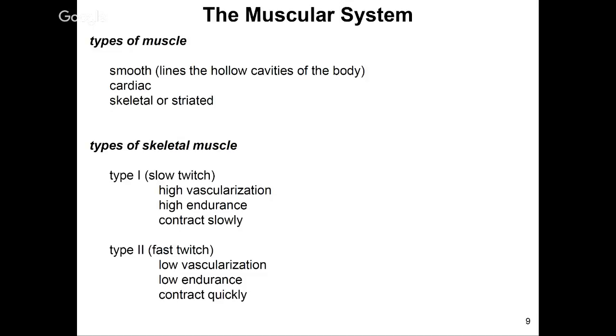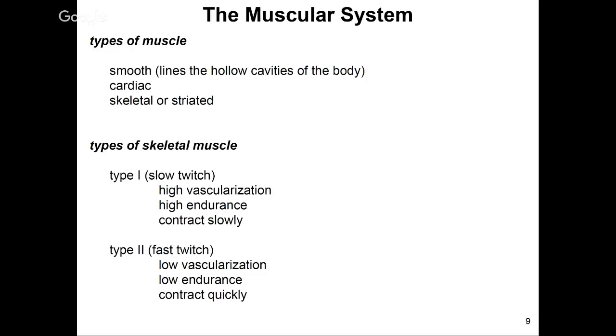This is interesting. High vascularization means that slow twitch muscles tend to have more blood. That's what that means. Vascularization means there's more blood going to that area, which I find interesting, because usually if you see someone who's really ripped, you can see their arteries and veins bulging.